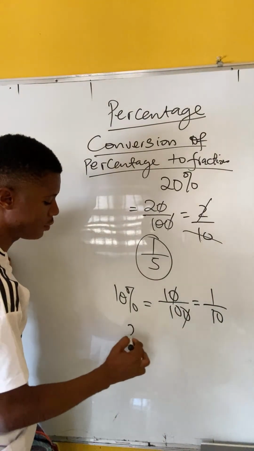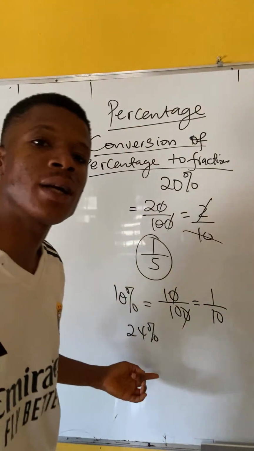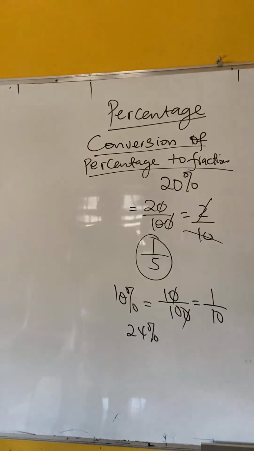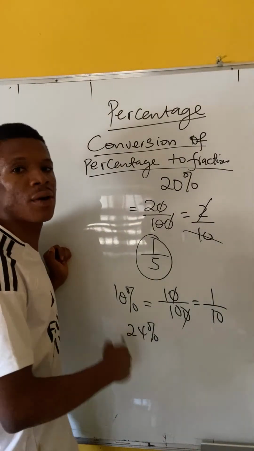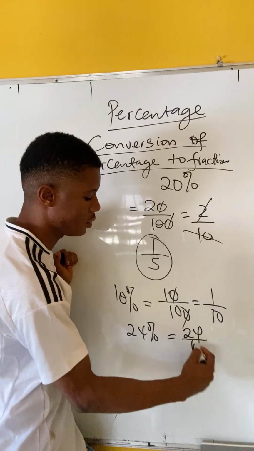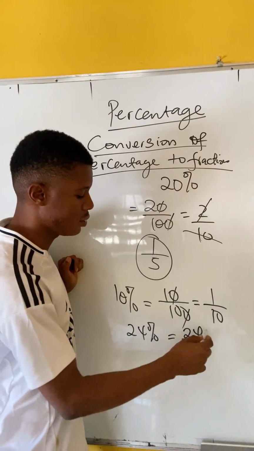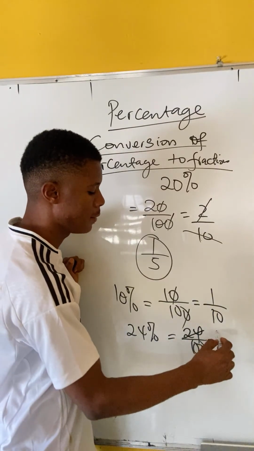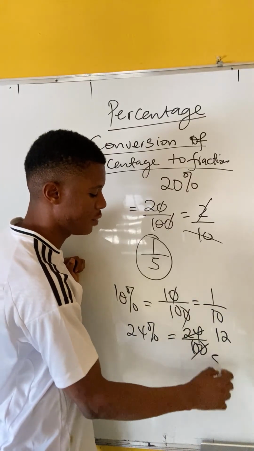Let's look at this one again. Let's say we have 24%. How can we convert 24% to a fraction? To convert 24% to a fraction is the same thing as 24 over 100. So if you have this, you see that 2 can divide 24 to get 12, and 2 can divide 100 to get 50.